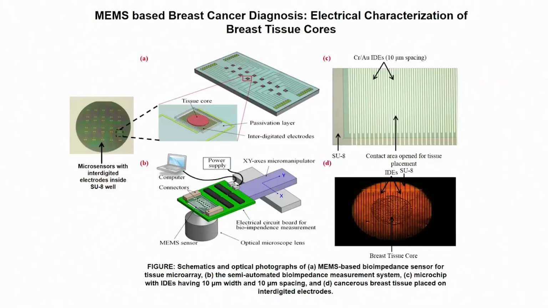Let us go next. Now, same example, which is your interdigitated electrodes. You can see here interdigitated electrodes. And if I have an interdigitated electrode, okay, what are the applications?